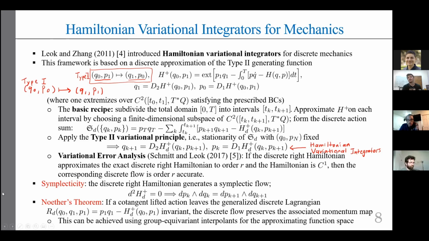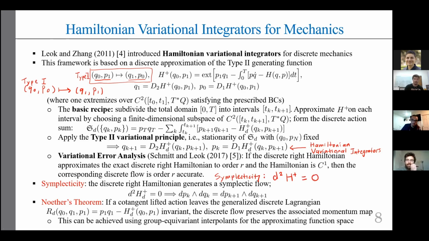And then I mentioned this before, when you construct your integrators this way variationally, you actually get symplecticity for free. So if you look at symplecticity in the continuum case, it follows from the fact that the squared second exterior derivative of your generating function is 0.